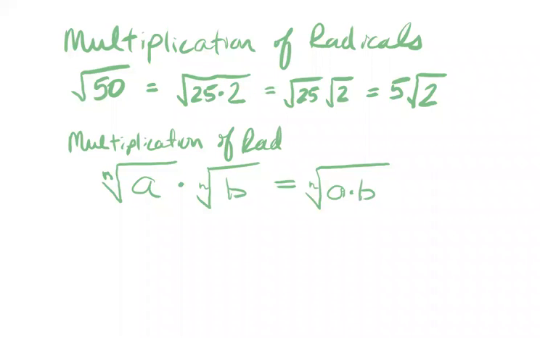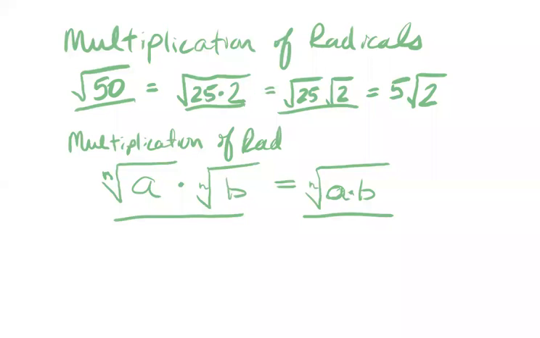And so what you can see here is what we did in reverse order. We started out with something that could be expressed as a product, and we broke it up into two separate statements, one of which we could simplify. This is what we did when we were simplifying, but looking at it from the backwards perspective, this gives us the multiplication rule for radicals in general.